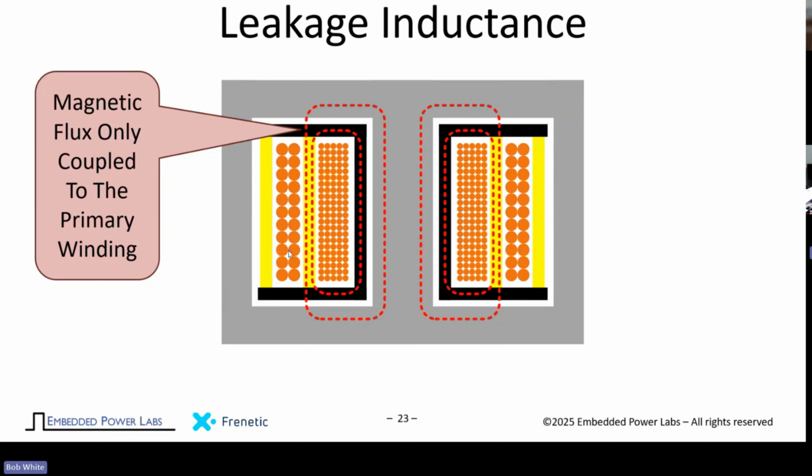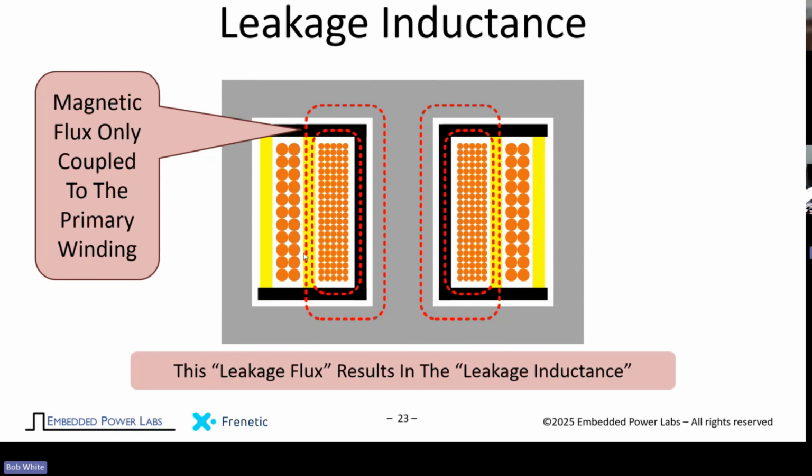That flux is a leakage flux, and it becomes the leakage inductance. So the leakage inductance is the result of not having perfect coupling between the two windings. When we apply volt-seconds to the winding and we're building up the flux, most of the flux will be coupled by both windings, but not all of it. And this is the leakage inductance.